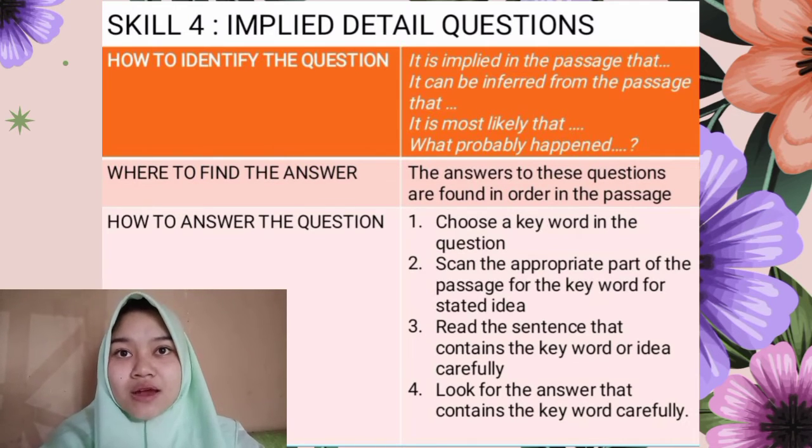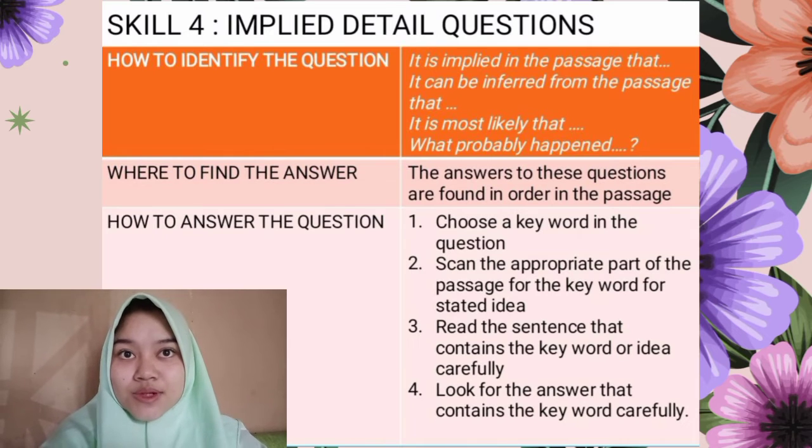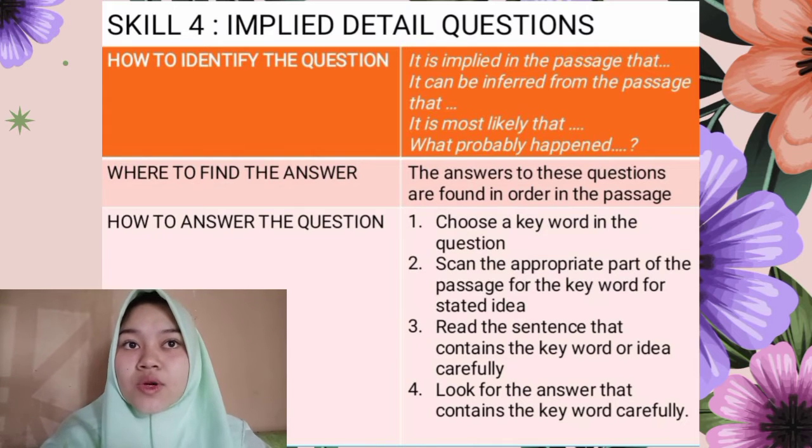Where to find the answer? The answers to this question are found in order in the passage. How to answer the question? First, choose a keyword in the question. Second, scan the appropriate part of the passage for the keyword or that idea.